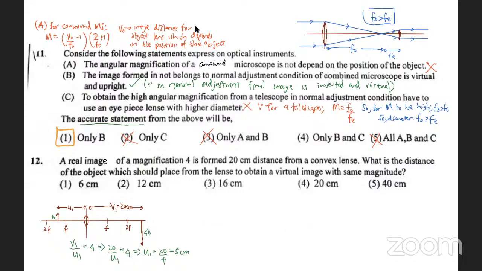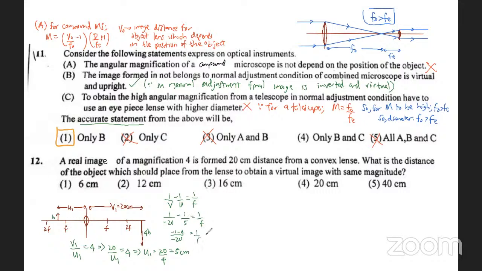Wait, using these numbers, people, we can find out the focal length. 1 over v minus 1 over u equal to 1 over f if you substitute. 1 over v is 1 over minus 20, minus 1 over u, 1 over 5, equal to 1 over f. So LCM is minus 20. Here on top minus 1, here minus 4. Correct, people?